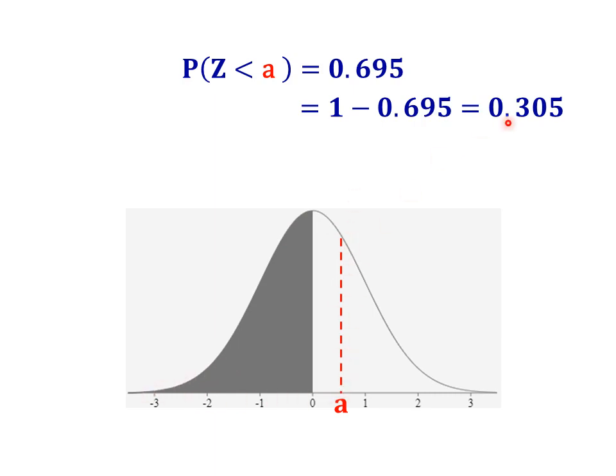So the probability for this smaller area is 0.305. So now we can find the value of A. In this case, A is positive because A is at the positive side. So now the equation is asking us to find the value of A when probability of Z greater than A is 0.305. Therefore, A is equal to 0.51.